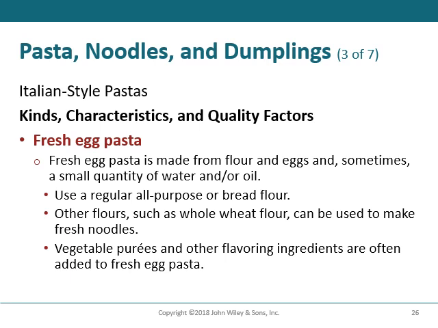You can use bread flour instead of all-purpose flour because the bread flour has a higher protein content and will make a firmer noodle. Other flours can be used, like whole wheat flour, to make a fresh noodle, so you can get a whole wheat egg pasta. And sometimes we add either vegetable purees or powdered vegetables to add color and flavor to these fresh egg pastas. So you can make spinach pasta or red pepper pasta, etc.